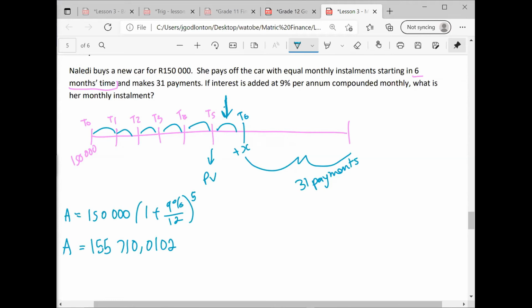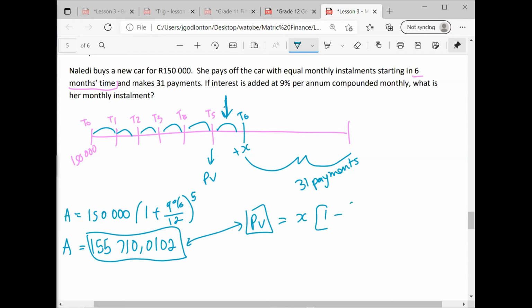Then for the second part of the question, now we can chuck it into our present value formula. And we're not going to go through this whole process over here because I know you've practiced it lots of times already. But this amount here is going to be your present value amount. Okay, so that's the same amount that's going to go in over there. Then we're looking for our X value.